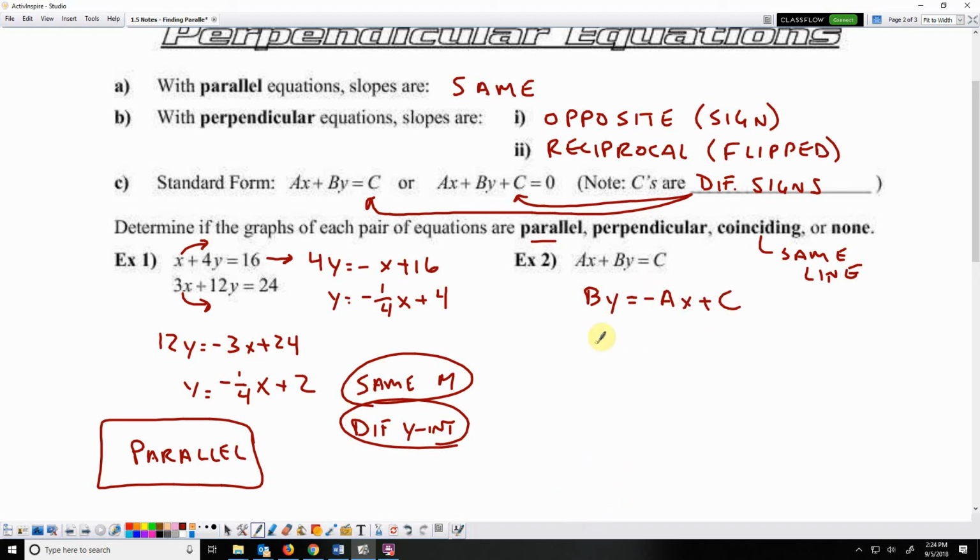And if we divide every term by b, we get y equals negative a over b x plus c over b. So from this we can get that the slope from standard form will always be the opposite of a over b, and the y-intercept will always be c over b.